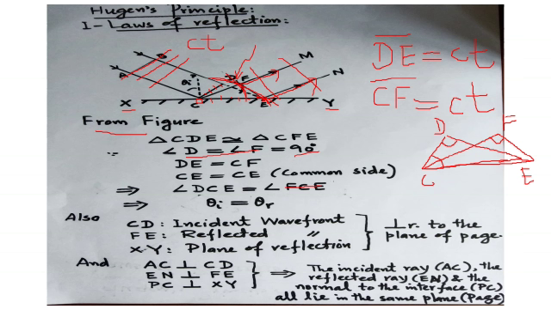This is not FCE, this is FEC, the angle formed at the vertex E. Okay, so this angle in the one triangle is the same as this angle. और अब we say that this angle DCE is equal to theta I. कैसे? तो यहाँ से आप देख सकते हैं. Remember, this is the first point where light is hitting the surface. So this is the incident ray.